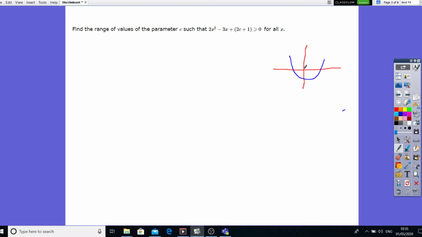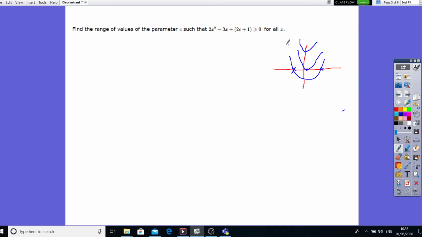I'll get two values, two roots, and it crosses the x-axis. If I got a curve like this, this is what we call a repeated root, where it only has one root, one value. And if I've got a curve like this, it has no real roots, it's above.